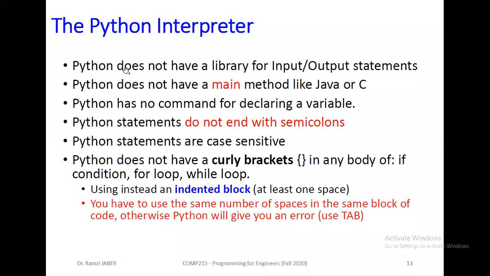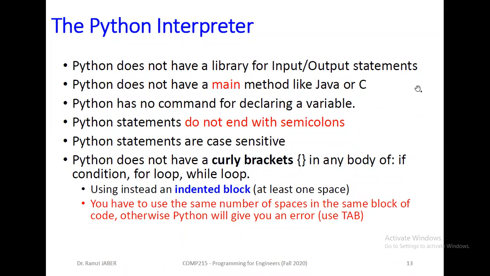Python does not need a library for input-output statements like in C. In C, you must include stdio.h. In Python, you don't have to import any library for input-output statements. Python also does not have a main function or main method like in Java or C. In C, if you remember, you write int main with parentheses, open braces, close braces, and write your code inside it.